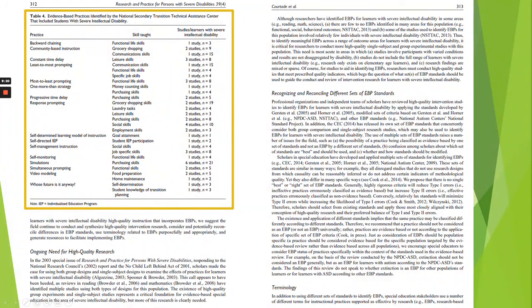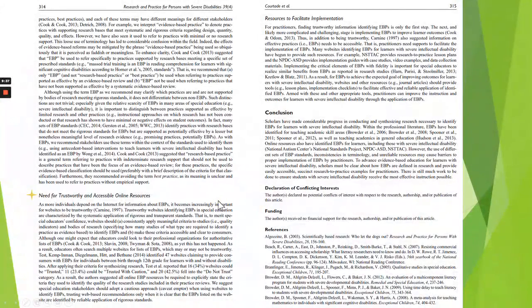Again, we are in the section on considerations, which include ongoing need for high-quality research, recognizing and reconciling different sets of EBP standards, terminology, need for trustworthy and accessible online resources, and resources to facilitate implementation.